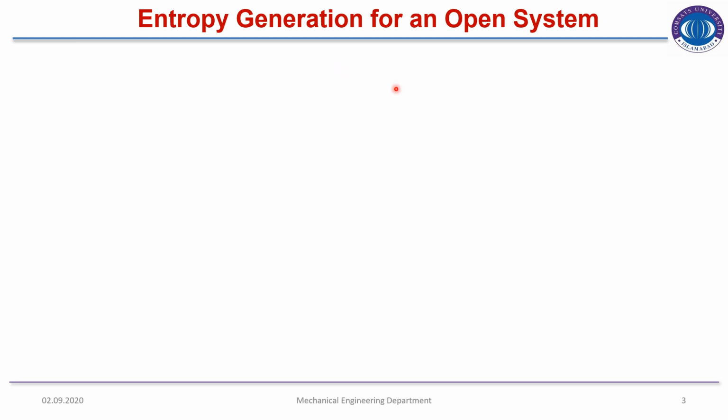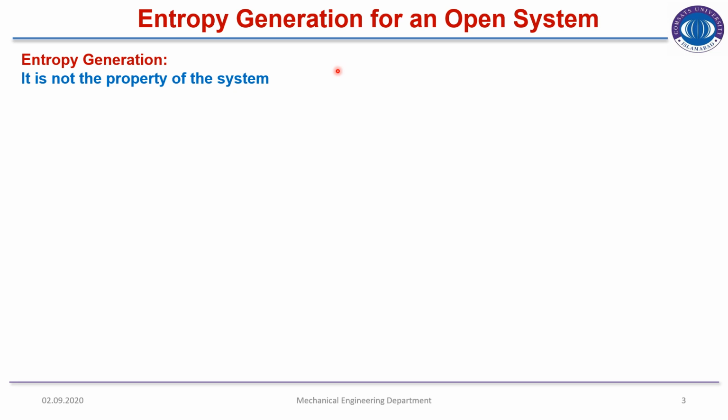Entropy generation for an open system. So here are some key points. Entropy generation is not a property of a system. When we discuss specific entropy, we know that we can find the value of entropy at a specific state.